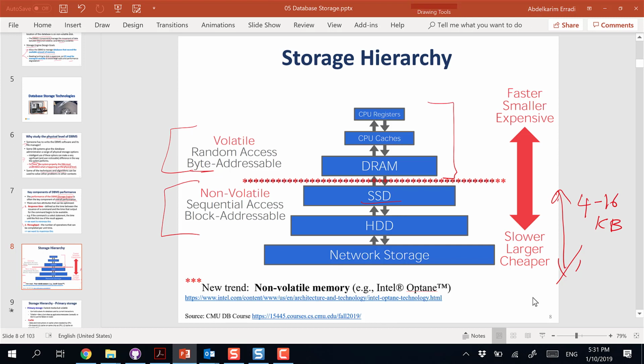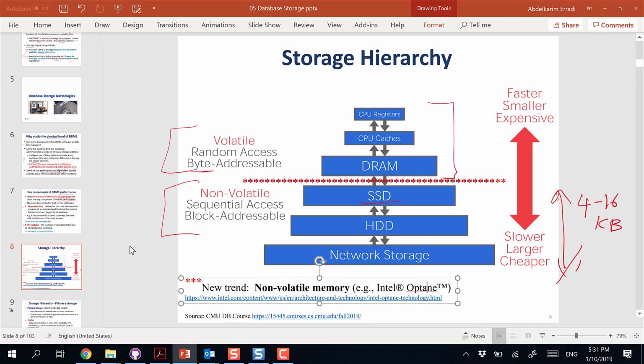I included a video here where you can have a non-volatile memory, which means a memory that can be randomly accessed, byte addressable, super fast, and at the same time non-volatile, which means it keeps its content even when you take the power off. Of course at this stage it is still very expensive, still new, but in the future that could be the future storage, and that will change the whole game. Okay.